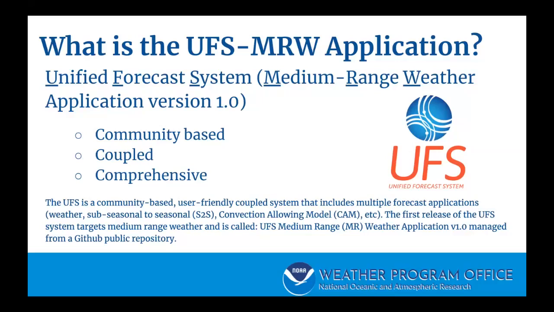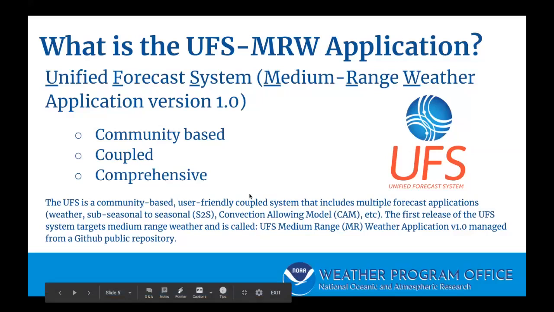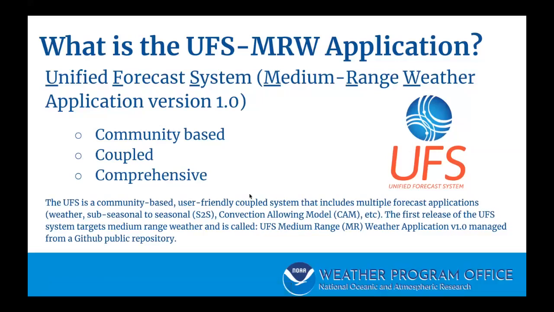But the big thing, as the first bullet point says, is that it's community-based. Within NOAA, we want everyone to be developing using the UFS. And so that's the challenge here, is getting not only all of government using it, but getting academia, everybody involved with developing using this application, with the goal of ultimately improving our models for the future.